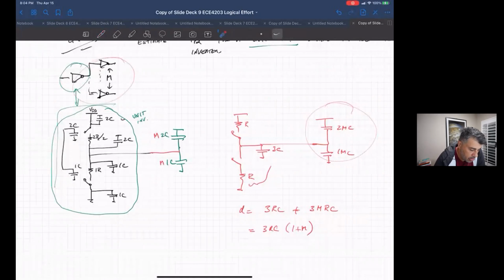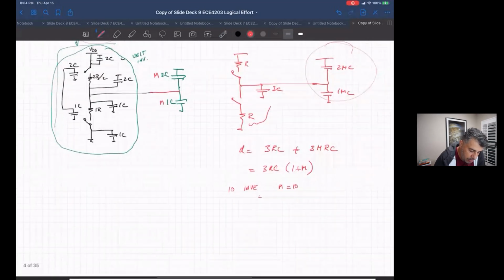As long as you have a unit inverter driving 10 other unit inverters, you can just plug in 10 for M and end up with 3RC times 11, so that's 33 RC.